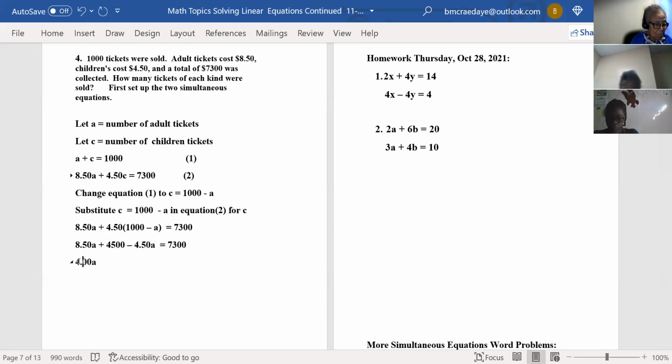Yes, you could just put 4A. You don't have to put the zeros. So that's 4A, plus 4,500, and we're just repeating the constant that's there, equals 7,300. What's your next step, Maureen?